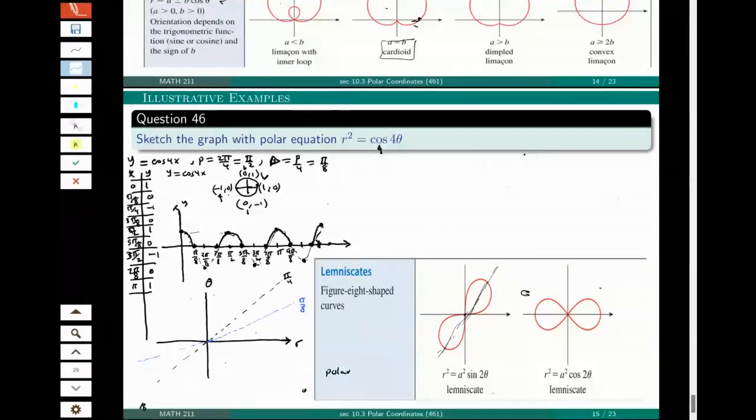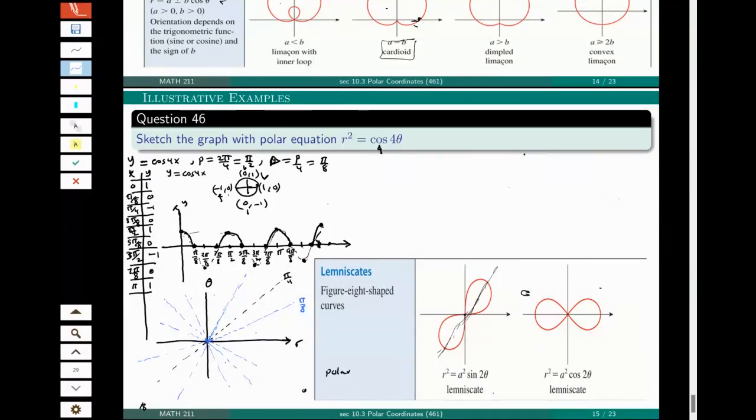And same story here: if I have that one, pi over 4, it will be pi over 8. Now, see what will happen.